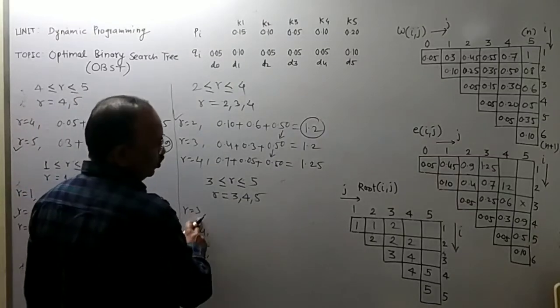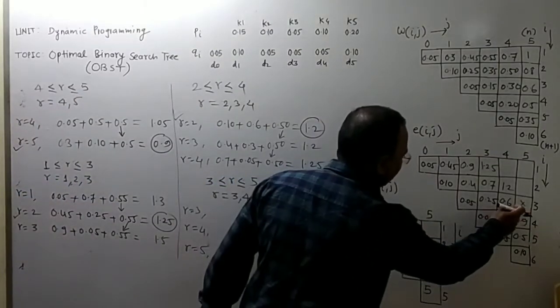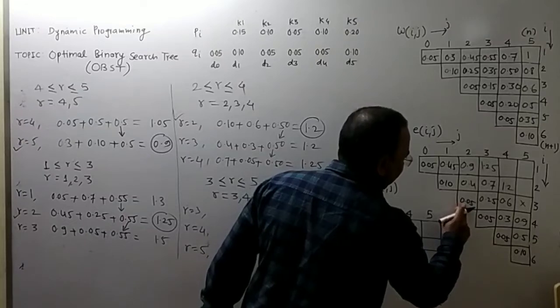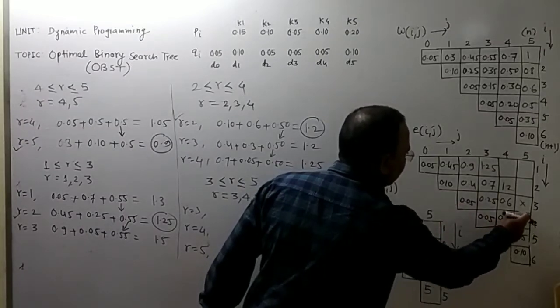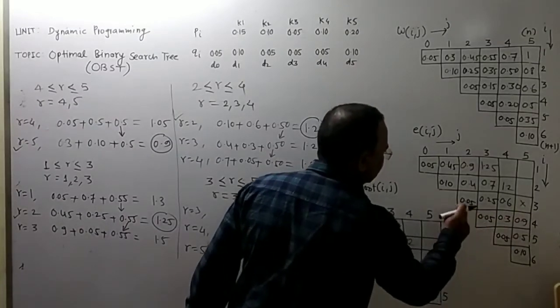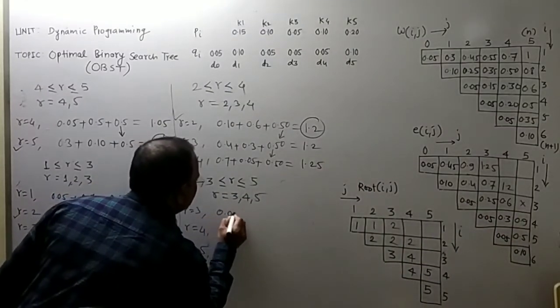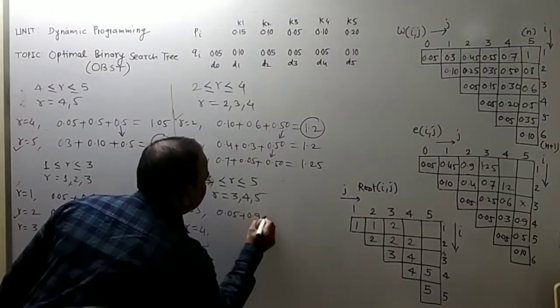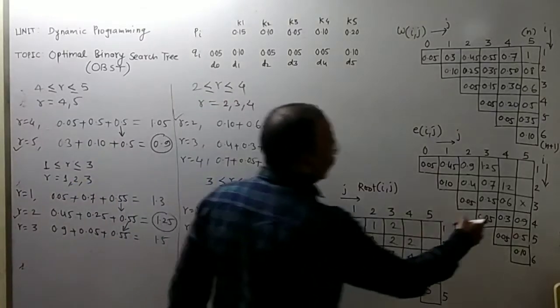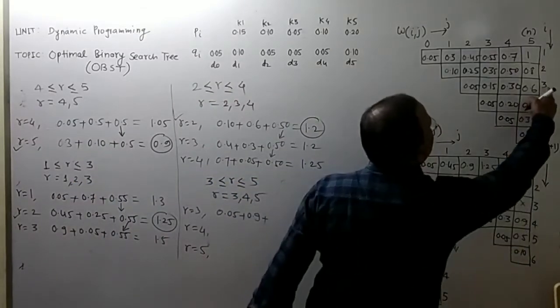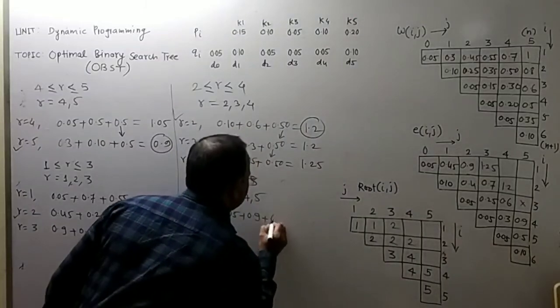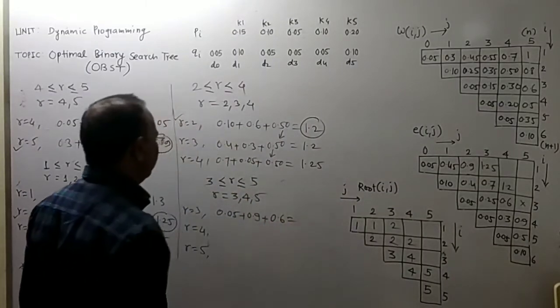For R is equal to 3, consider the last value on the left hand side and the first value on the downside, that is 0.05 plus 0.9, plus the W value at the 3, 4 place, that is 0.6, is equal to.